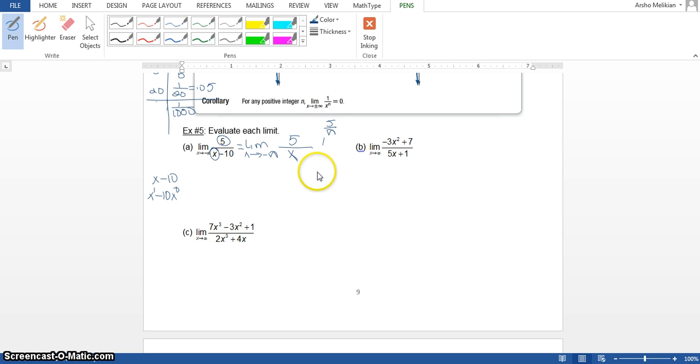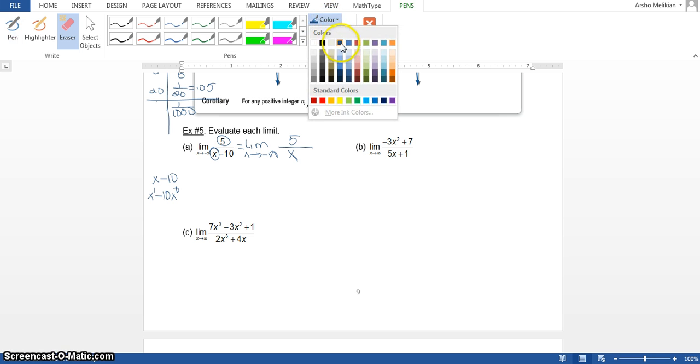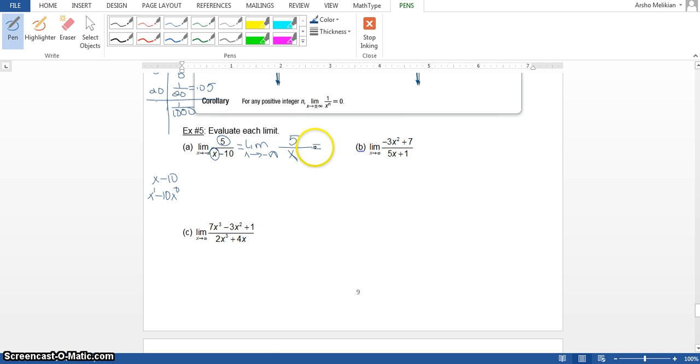However, you are never allowed to actually write 5 divided by infinity. You just do that mentally. You think of infinity, and infinity is infinite. So 5 over infinity is going to be 0. So the limit of this is 0. So as x approaches infinity, this approaches 0.